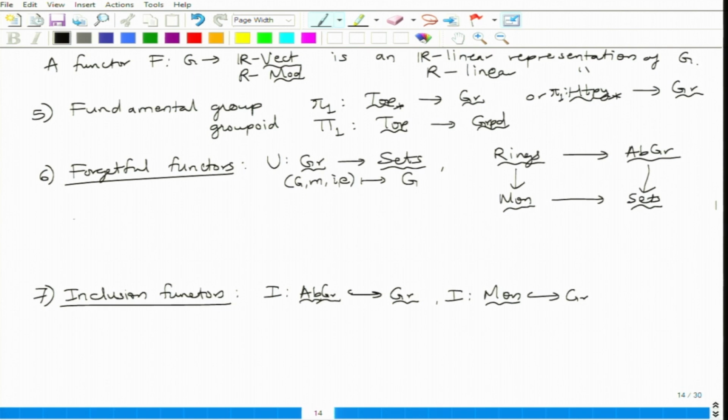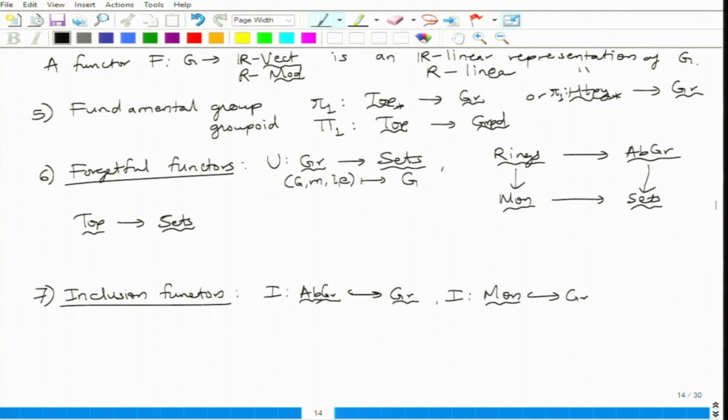Okay. Another thing that we can do is go from topological spaces to the category of sets. So you simply forget about the topology. Yeah, that's a valid forgetful functor. You are actually forgetting structure here. Yeah, topology is not a property.